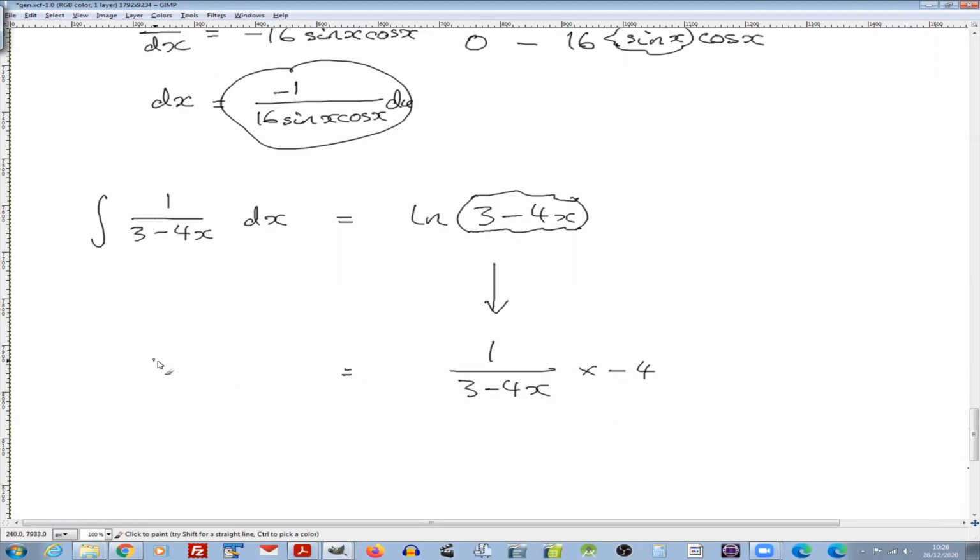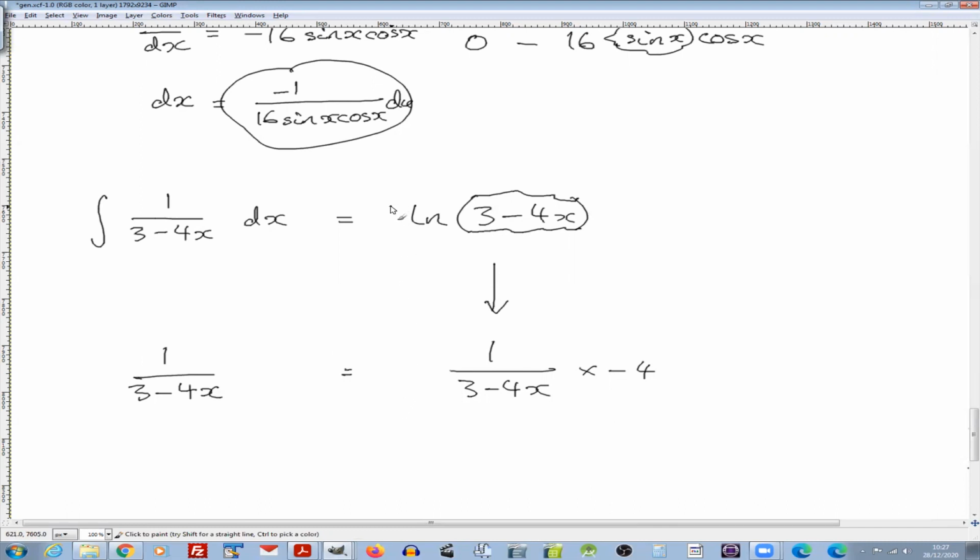Well, that's no longer equal to what we were trying to integrate, which was 1 over 3 minus 4x. How can we make it equal again? We want to times the top by minus 1/4.